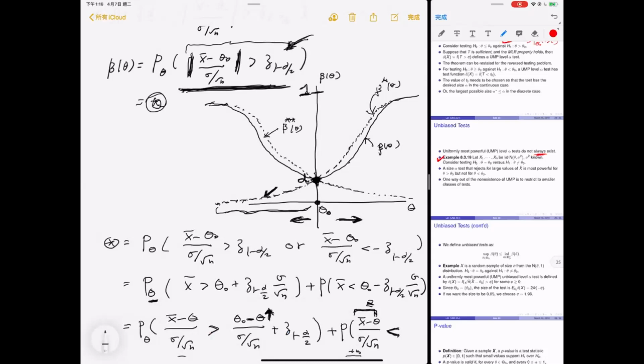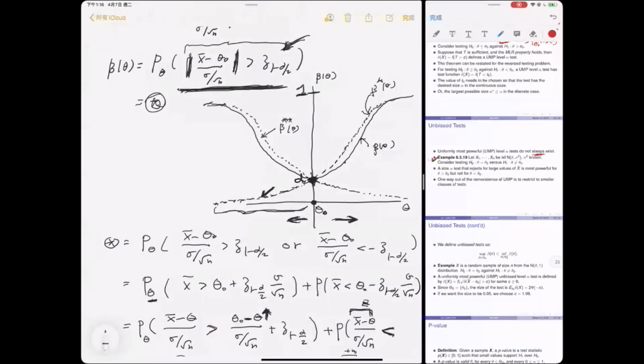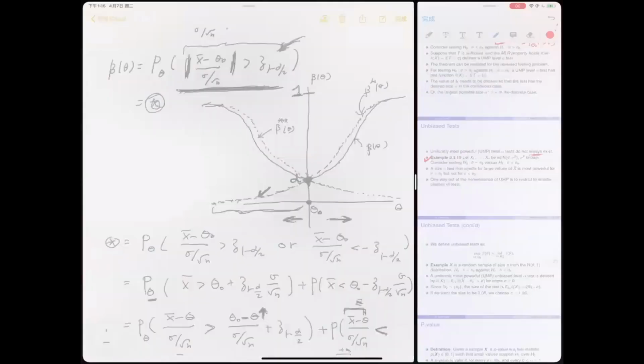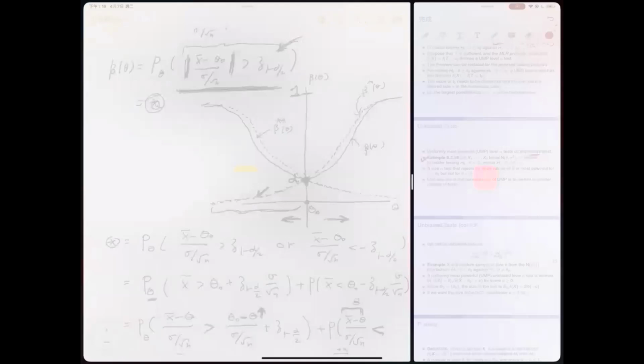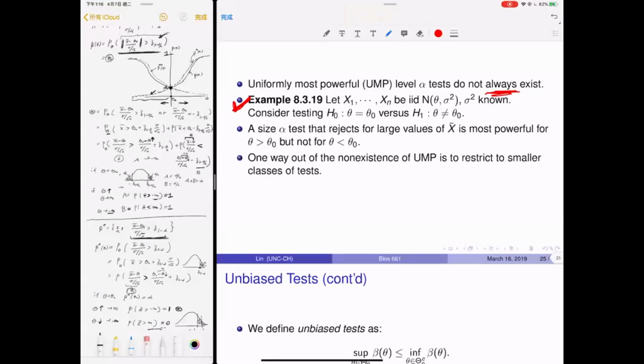That concludes why sometimes your UMP test does not exist whenever you have a two-sided test like this. I cannot rule every two-sided test out, to be honest with you, especially if you have other statistics, things become tricky.